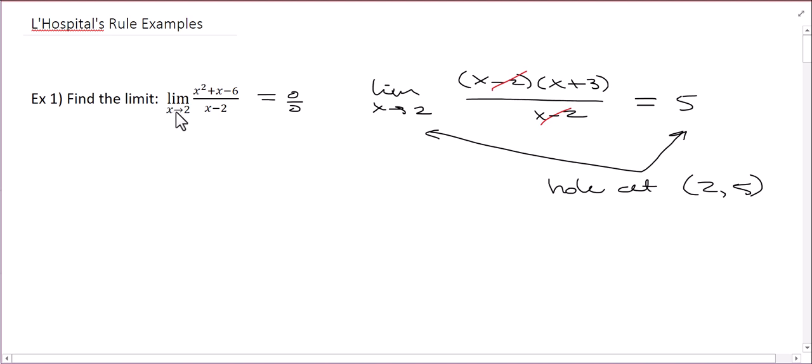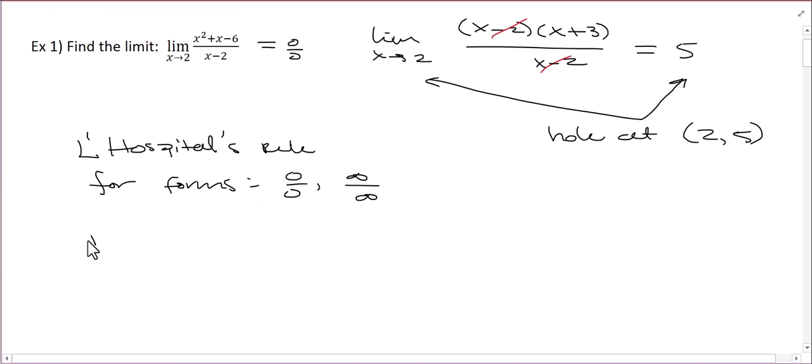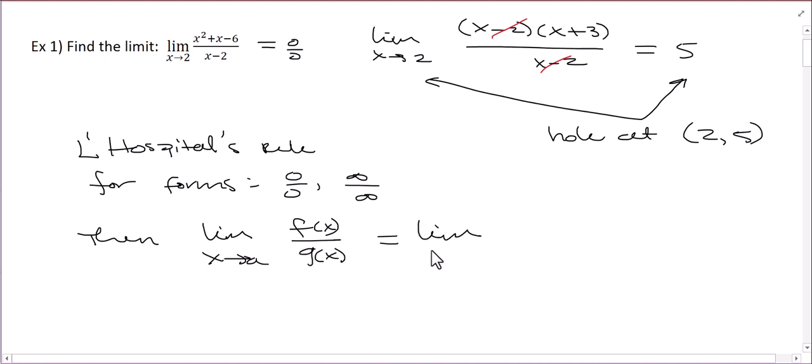So here, L'Hopital's rule says that if you have the form 0 over 0, or infinity over infinity, so these are indeterminate forms, then the limit as x goes to a of your two functions, f of x over g of x, is the same as the limit as x goes to a of the derivative of each of the functions.